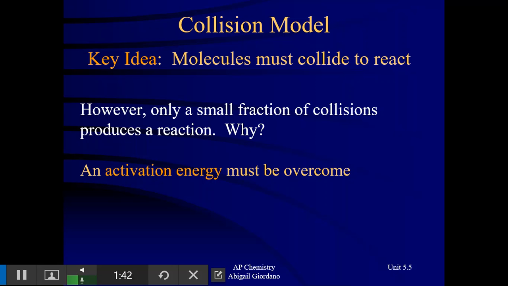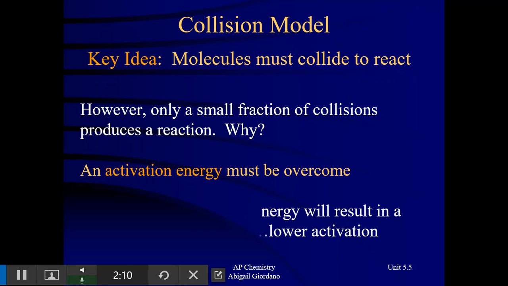Let's say a particular reaction has an activation energy of 20 joules. The particles must collide with one another with 20 joules of energy. So if they collide with 19 joules of energy, that's not going to cut it. The collision has to be 20 joules or greater in order to occur.